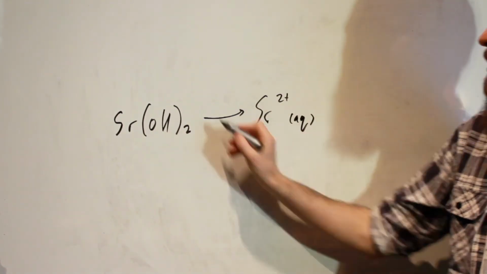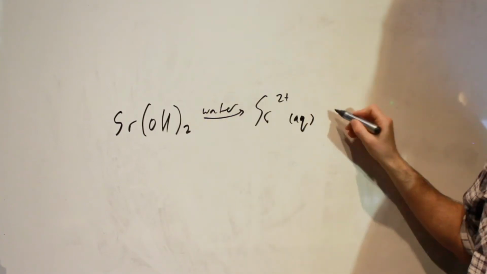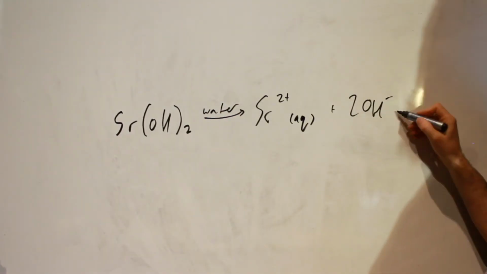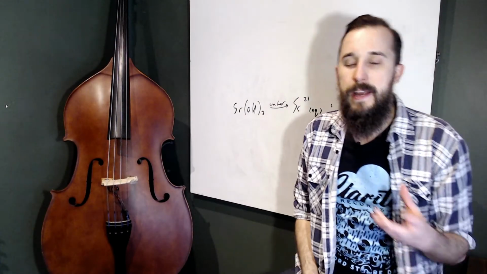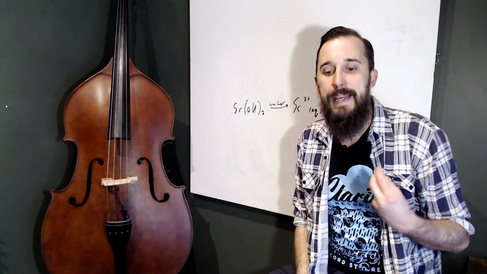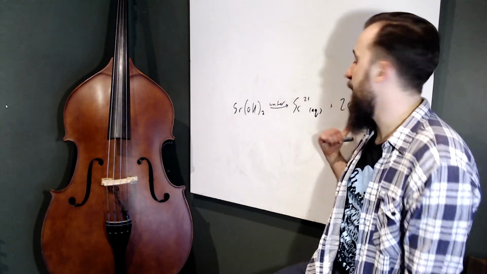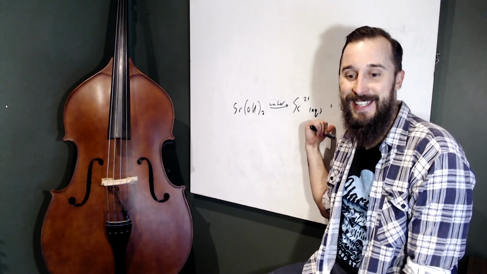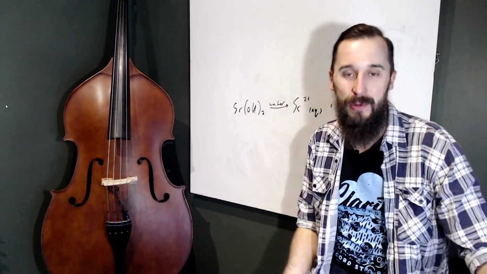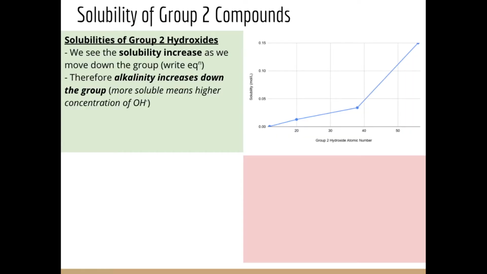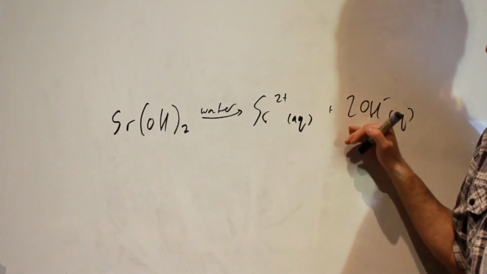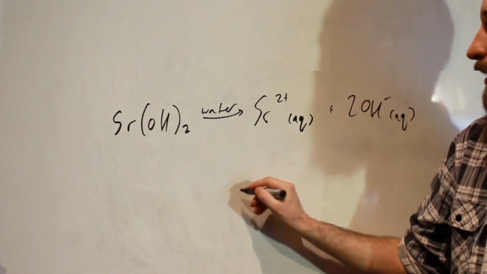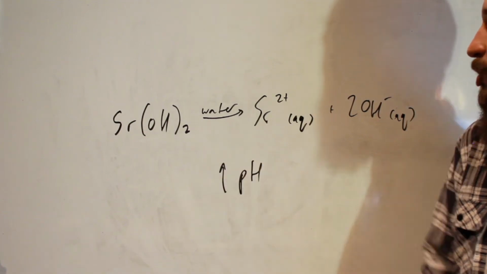So we put it with water, and we get the 2 hydroxides in the aqueous form. Now we said that the Bronsted-Lowry definition of a base is something that can accept a proton, and our hydroxide here is the species that is going to be able to act as the Bronsted-Lowry base. So therefore, if we have a higher concentration of hydroxide, we have a more alkaline solution, therefore we're going to have a higher pH.